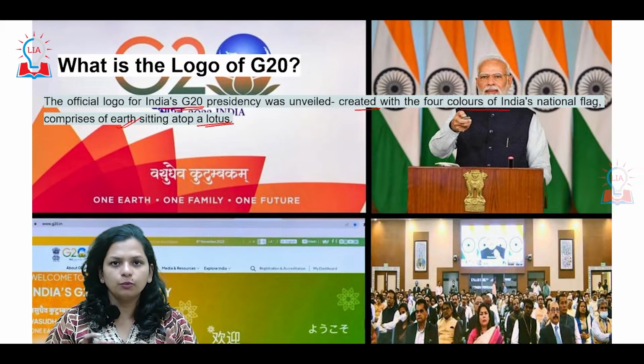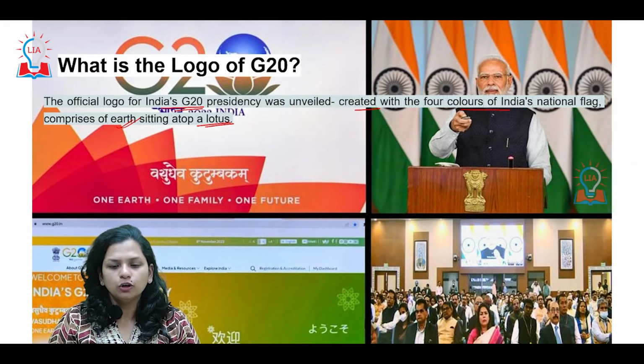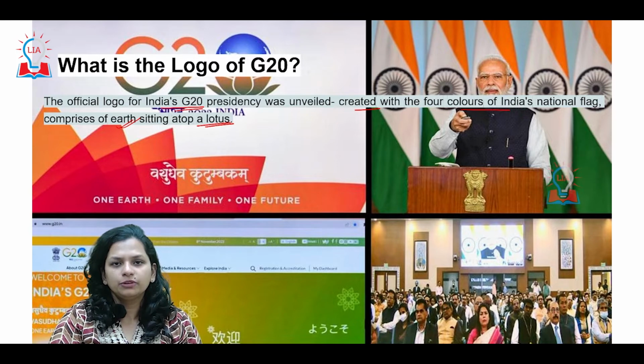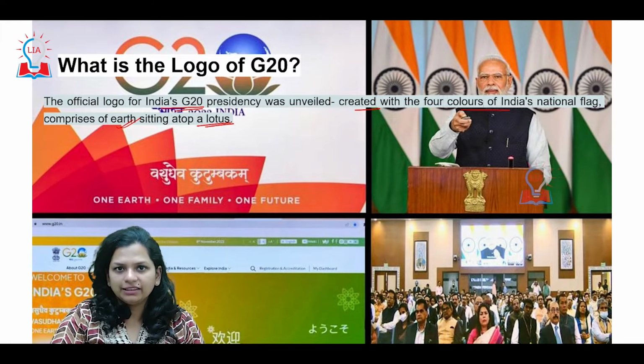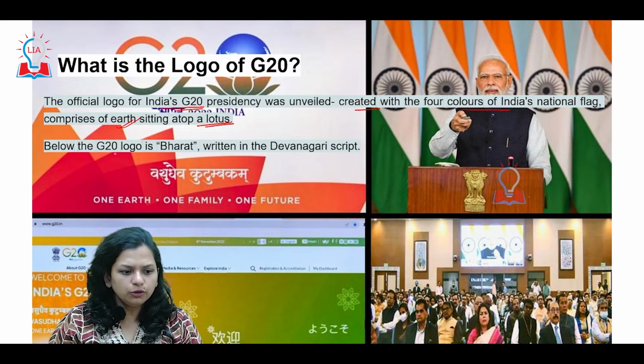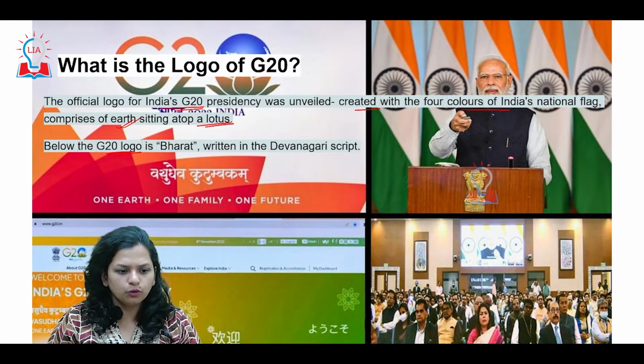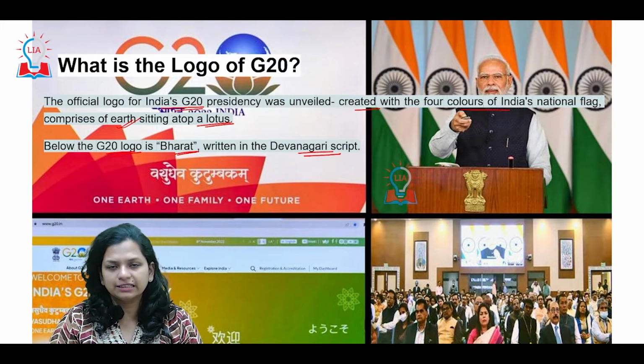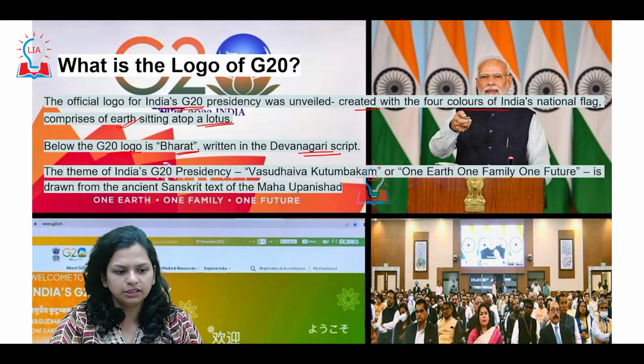That is how the entire logo was created and presented to the world. Below the G20 logo is written Bharat, in the Devanagari script. So there is significance to everything that is being used here.